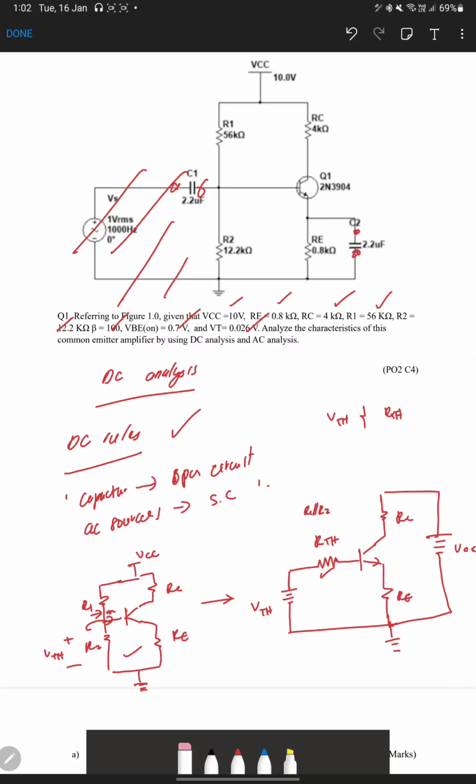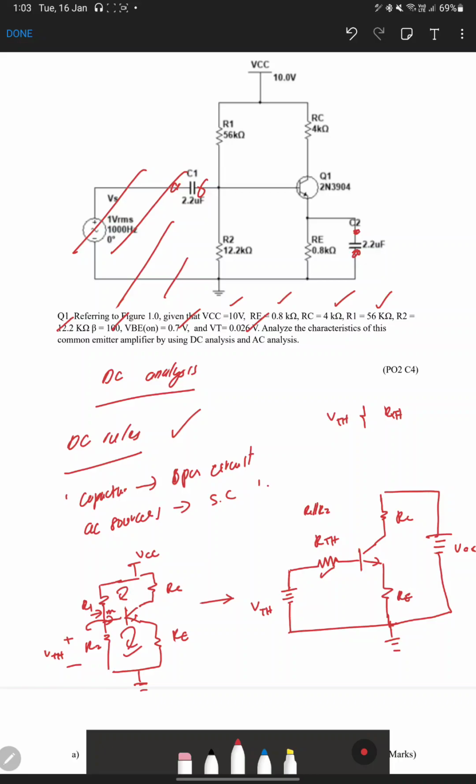So we redraw our circuit. Here we have VCC, RC, RE, the transistor, and R1 and R2. In this situation it is very hard to find IB, because it is unclear which loop to use for the KVL.